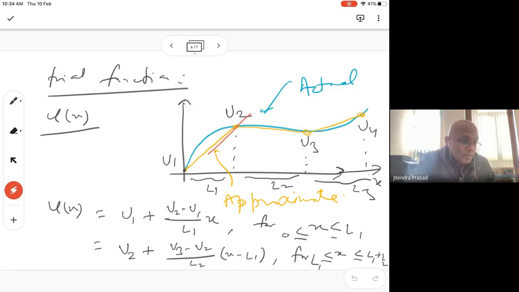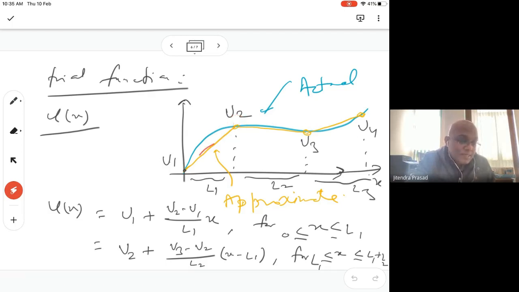Let us say u1, u2, u3, and u4 are the actual values of displacements at x equal to 0, L1, L1 plus L2, and L1 plus L2 plus L3. It is piecewise linear and has continuity here because both pieces will have the same value here.